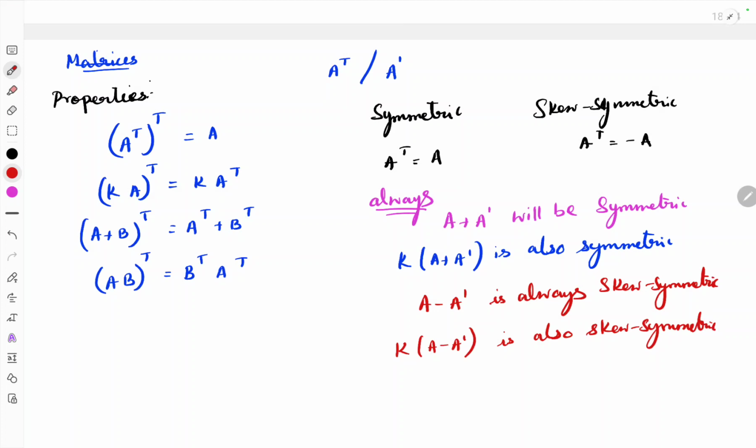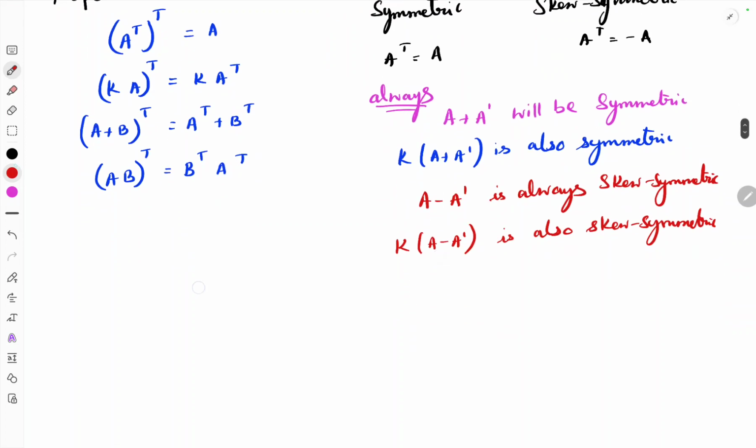Suppose in case if we have to write a matrix A as sum of symmetric and skew symmetric, we can take that as some matrix P plus Q. So this matrix P is symmetric and this matrix Q is skew symmetric.